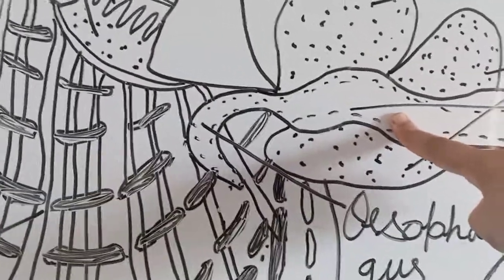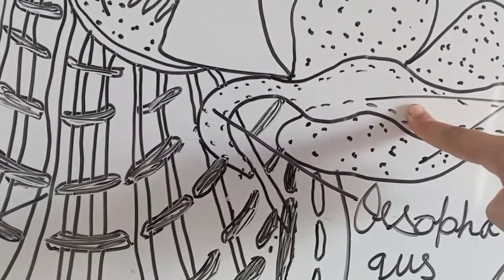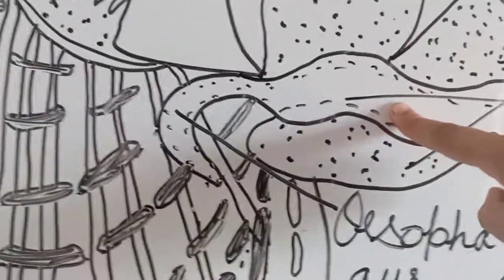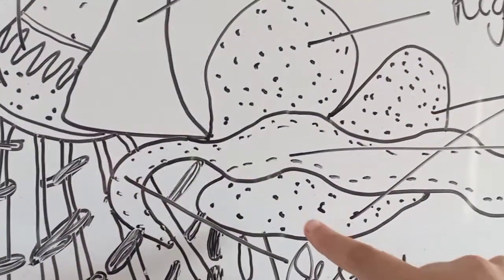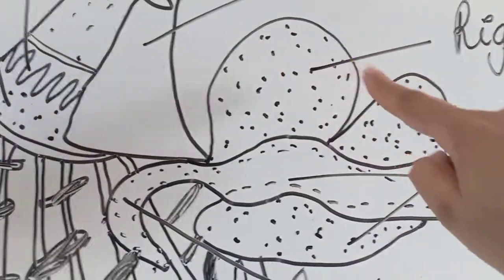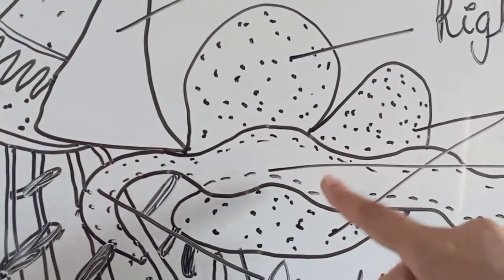While the esophagus is a tube-like structure, the stomach is the largest part. And on both sides of the stomach, the liver is present. So this whole structure is known as the liver. It has two lobes.